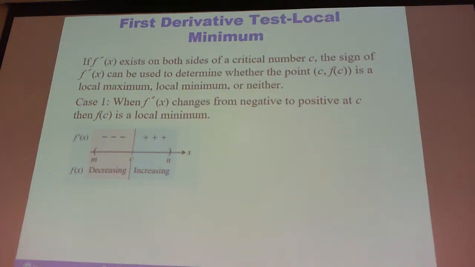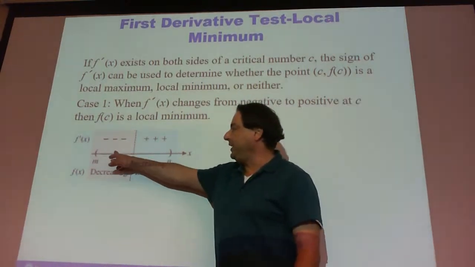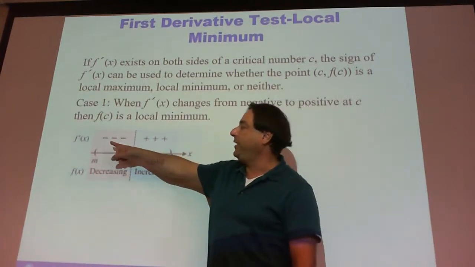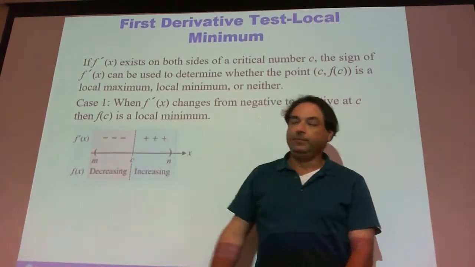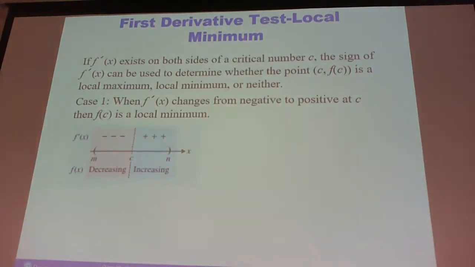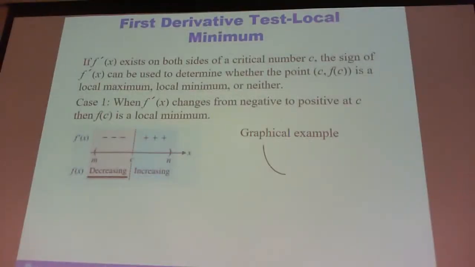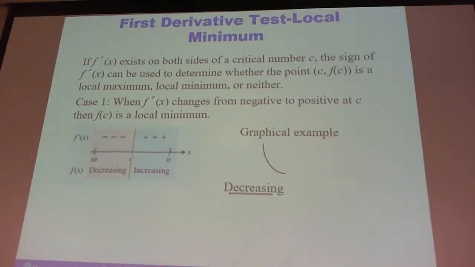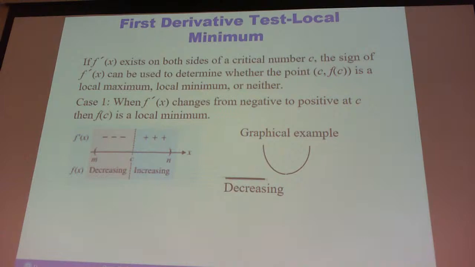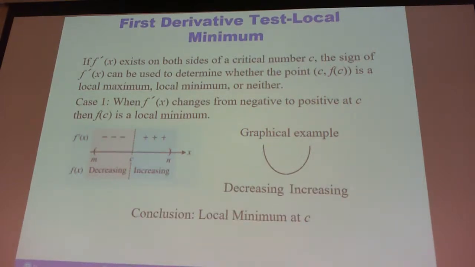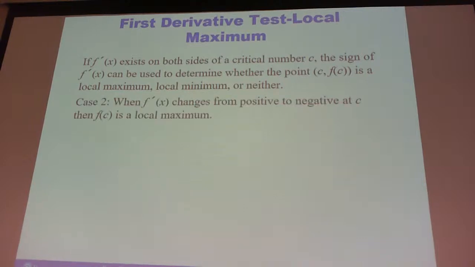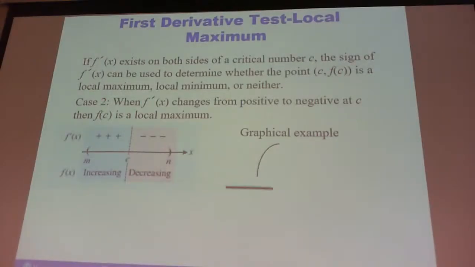Again, if it's decreasing, then increasing the derivative, then it's a minimum. If it's increasing and then decreasing, it's called a maximum. They like to use charts. If it's increasing, then decreasing, going up, and going down, that produces a max.